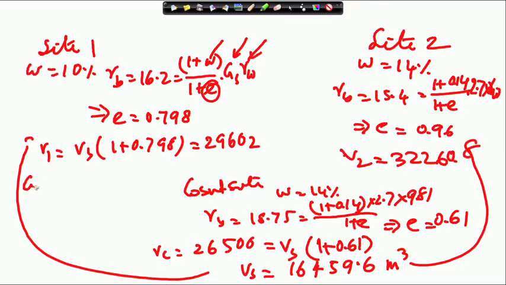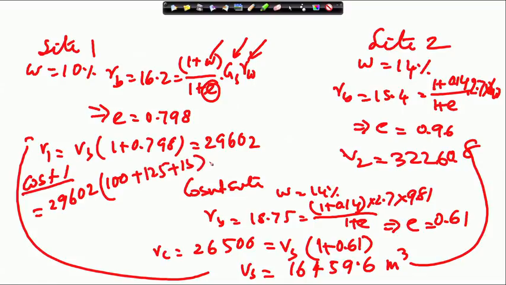Now I can find the cost from site 1, which will be equal to 29602 multiplied by material cost 100 plus transportation 125 plus water 15, because on the first site water is required. That becomes 7104600, the cost for this site.